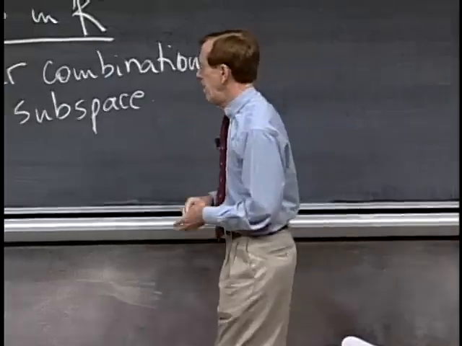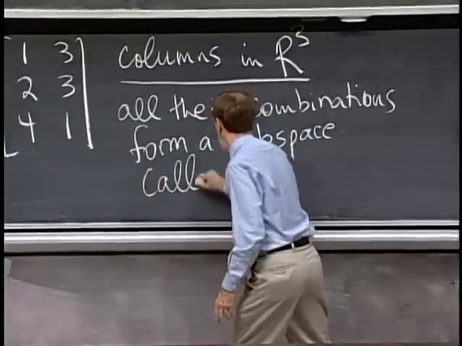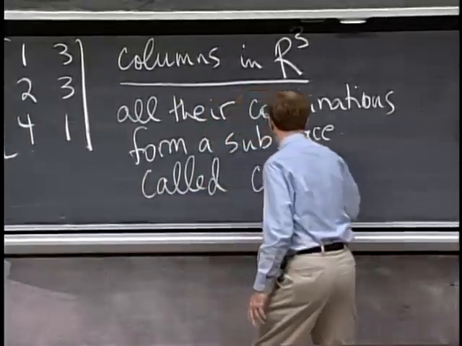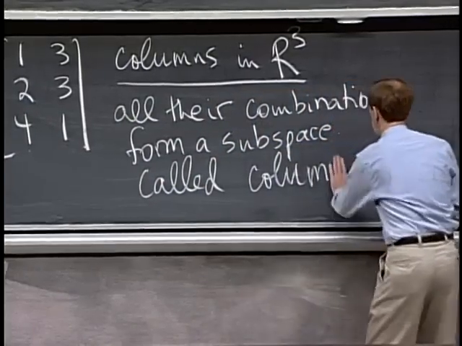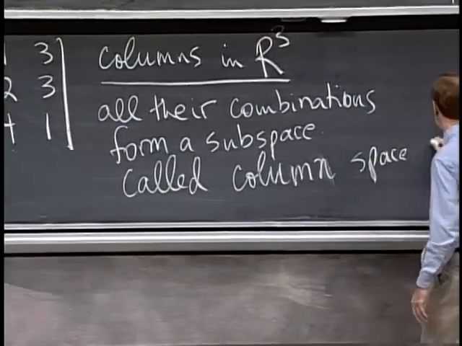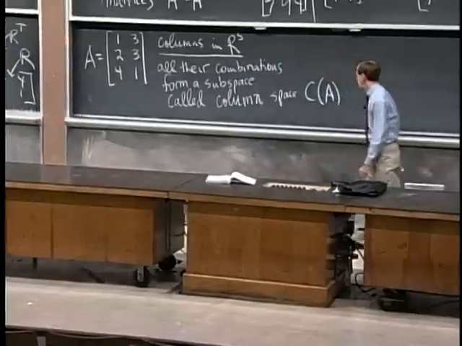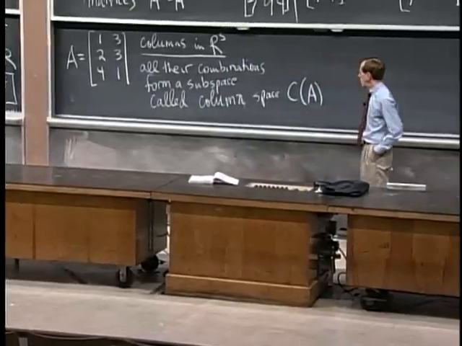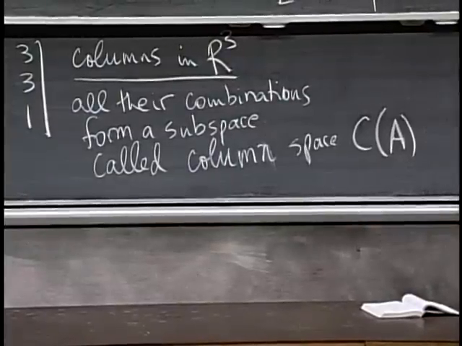And we'll give it a name, the column space. Column space. And maybe I'll call it C of A. C for column space. There's an idea there that is the central idea for today's lecture.